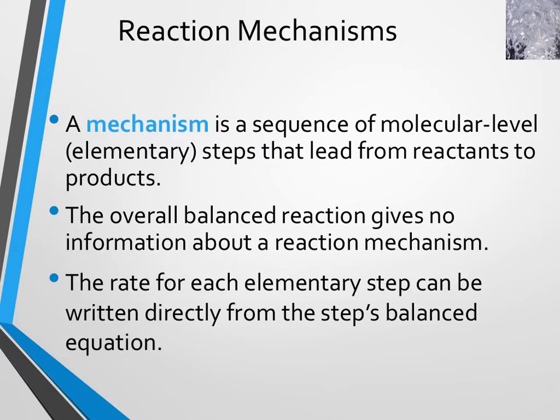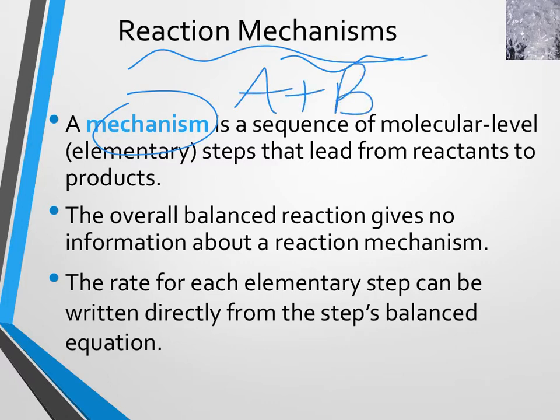All right, the final of the three topics in this lecture is reaction mechanisms. A mechanism is a series of steps that the reactants undergo to reach the product. So you are used to seeing what we call an overall balanced reaction that shows just the reactants and then the final products.